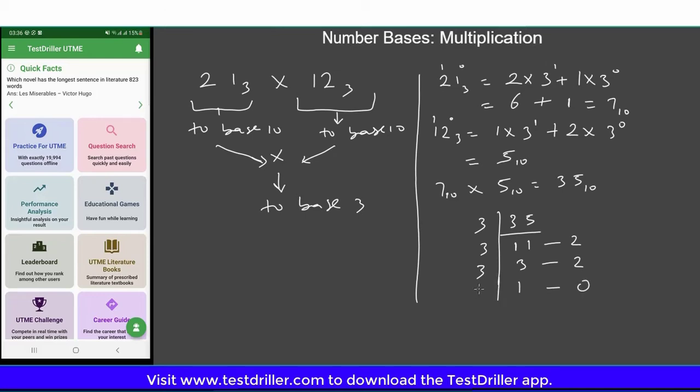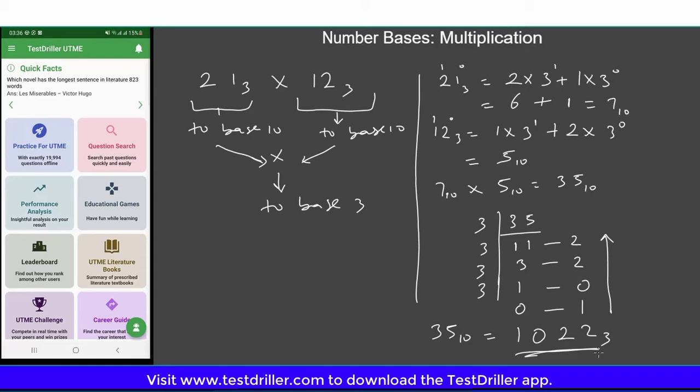Then 3 in 1, that's 0, remainder 1, because 3 cannot go into 1. So the answer becomes 35 in base 10 is equal to 1022 in base 3.